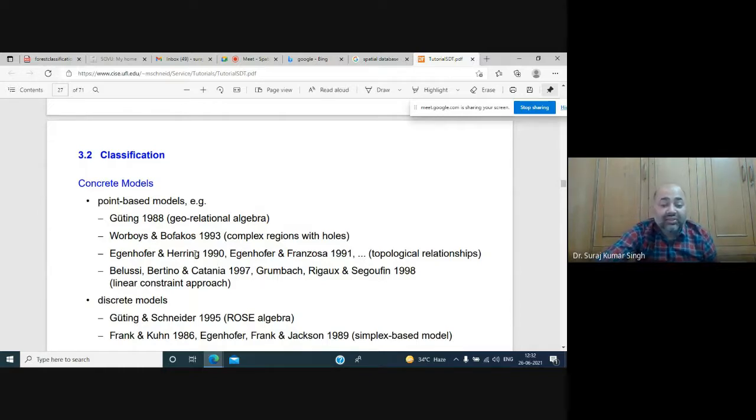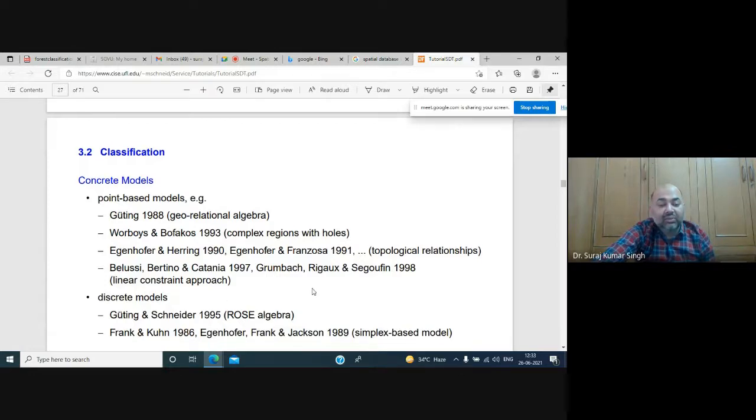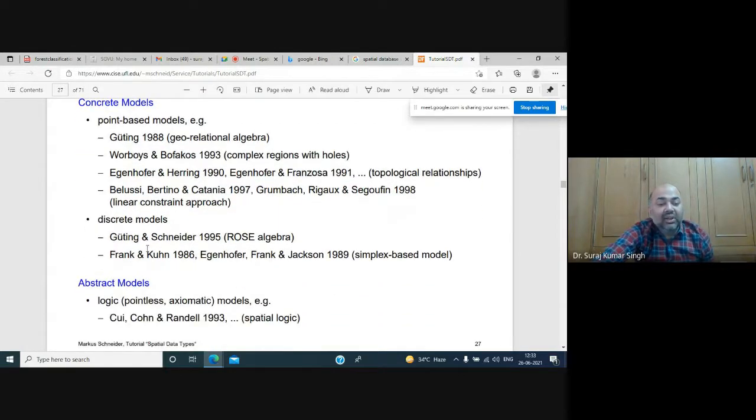Different scientists have given different models. Güting in 1988 gave a georelational algebra. Worboys and Mofakos in 1993, complex regions with holes. Egenhofer and Herring in 1990, Egenhofer and Franzosa in 1991, topological relationships. Belussi, Bertino and Catania in 1997, and Grumbach, Rigaux and Segoufin in 1998, the linear constraint approach. The ROSE model was given by Güting and Schneider in 1995, which gave us the ROSE algebra.